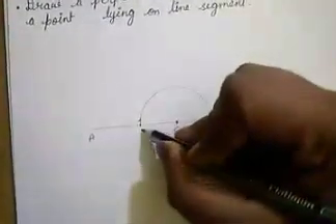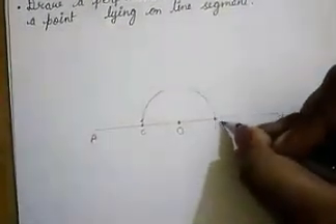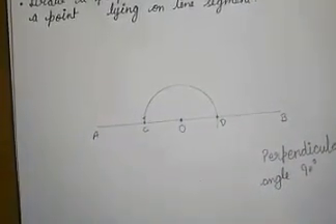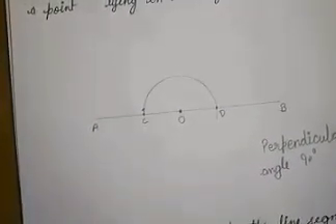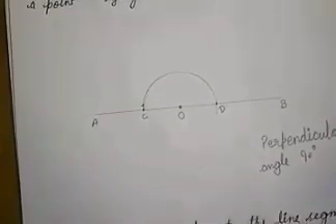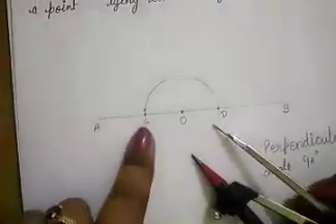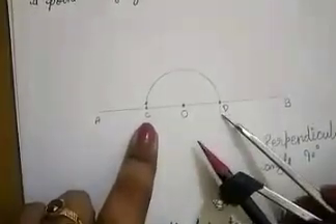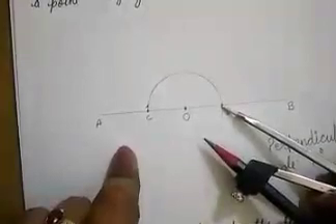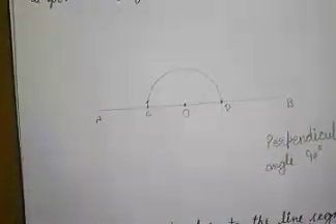I can name them C, D. You can give any name to these points. Now, what we will do? Again, we got another 2 points, point C and point D, and another line segment CD.